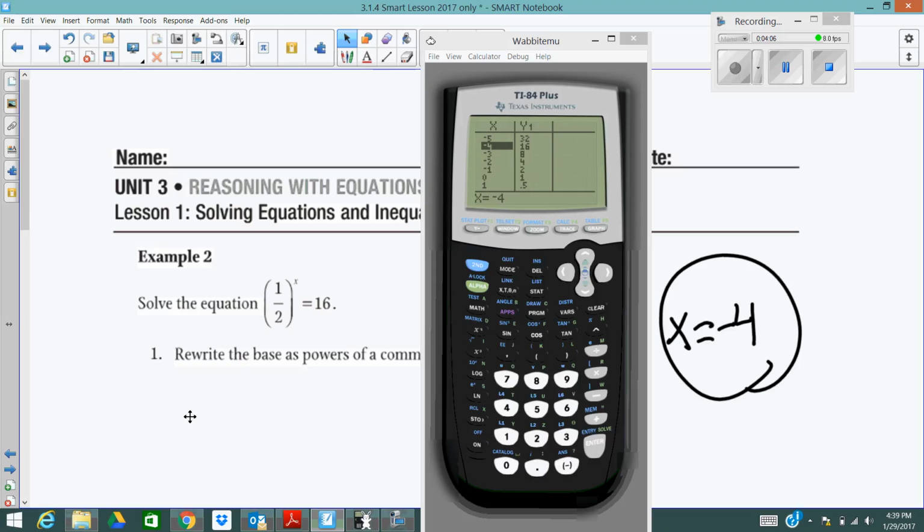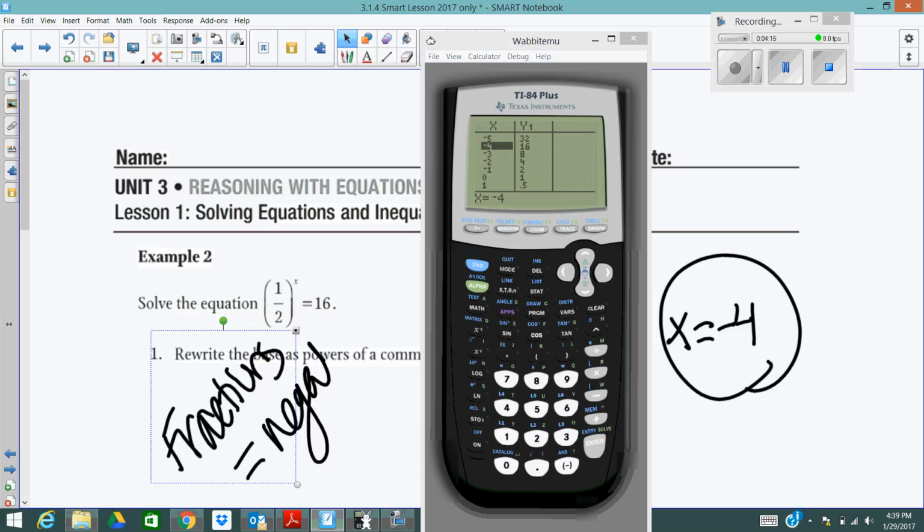And whenever we have fractions, it means that we'll have negative exponents. In this case, we had a fraction raised to an x power equal to a whole number, but it works the opposite way as well: if we have a whole number raised to an exponent and our answer is a fraction or a decimal, it usually means that we have a negative exponent as well.